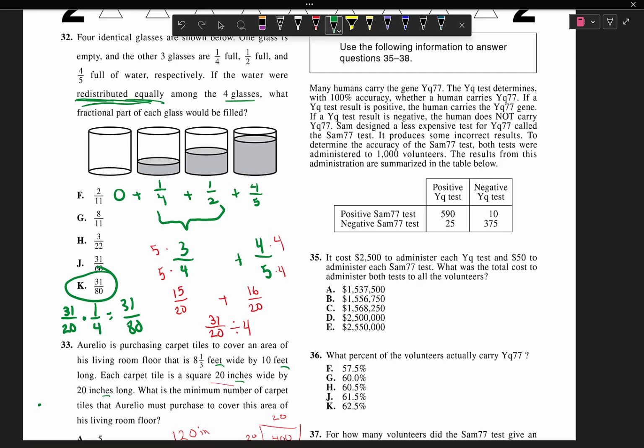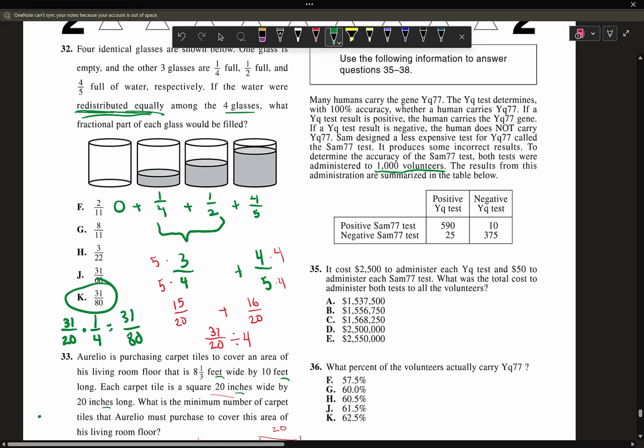It does produce some incorrect results. To determine the accuracy of the SAM77 test, both tests were administered to 1,000 volunteers. The results are summarized in the table below. So it's important to know the YQ test is 100% accurate. With the SAM77 test, we're not sure of the exact accuracy, but it's not perfect.